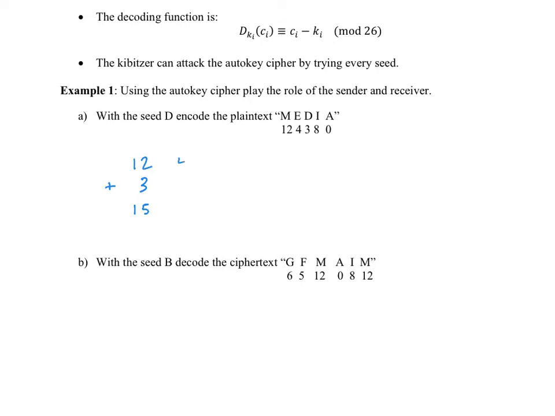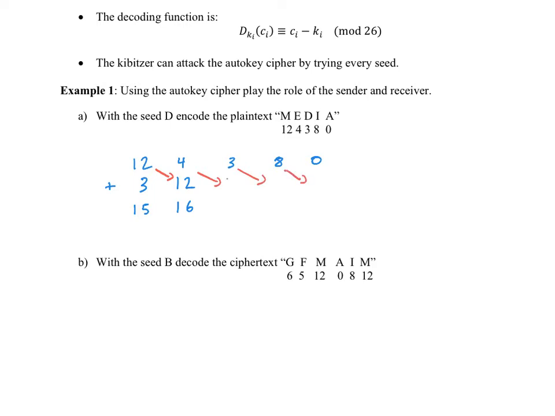So now we'll deal with the 4. And in order to deal with the 4, we need to drag the 12 over because the first thing in the plain text becomes the second thing in our key. So we add those together and we get 16. And we'll continue writing down our word media, so 3, 8, and 0. And we'll continue dragging the previous thing in the plain text to the next thing in the key.